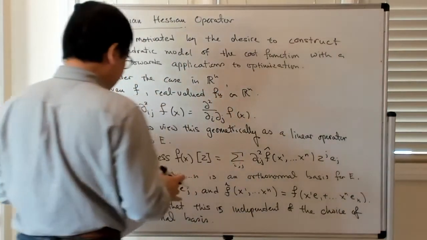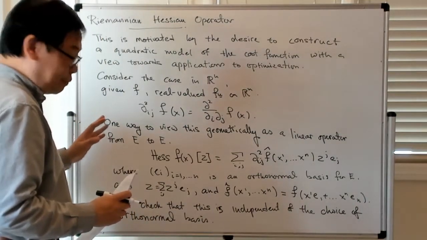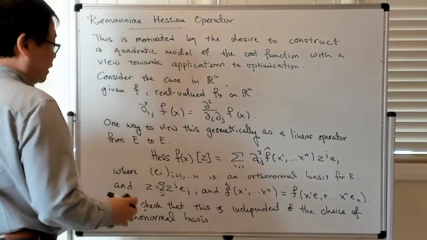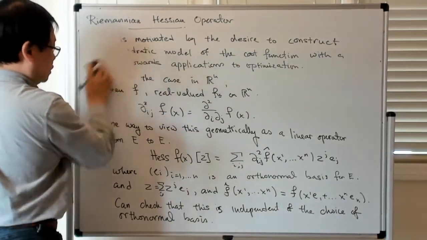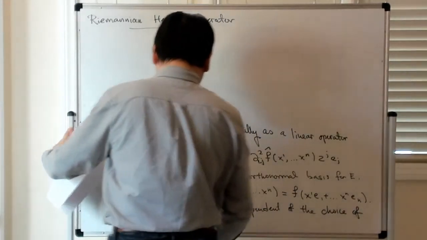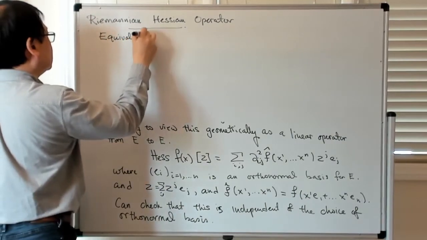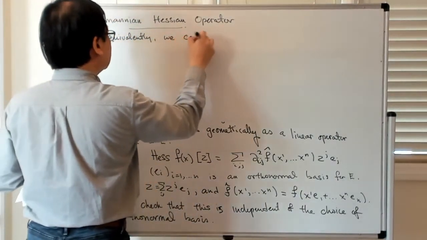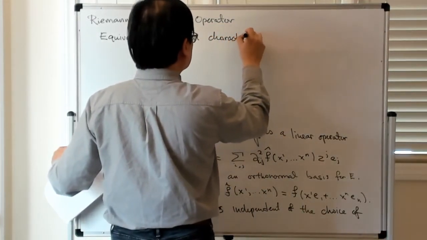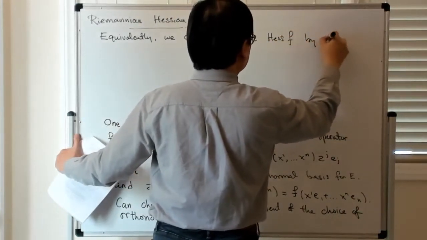Alternatively, instead of writing it in this way, you can also ask what properties the Hessian operator has, and you can formulate it in terms of two properties, equivalently. We can characterize the Hessian of f by the following properties.